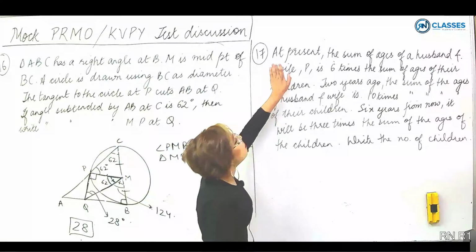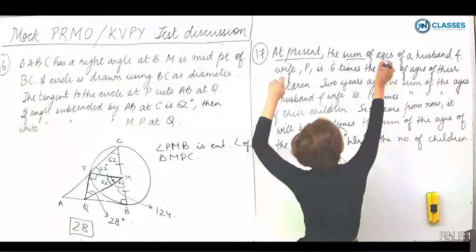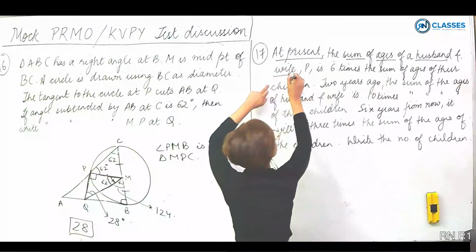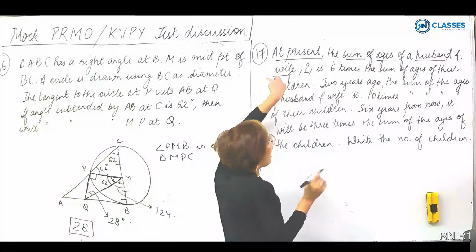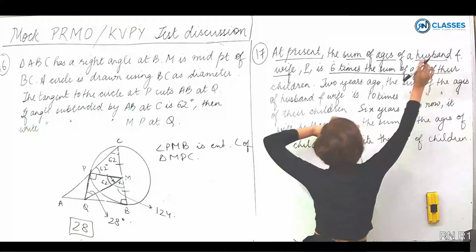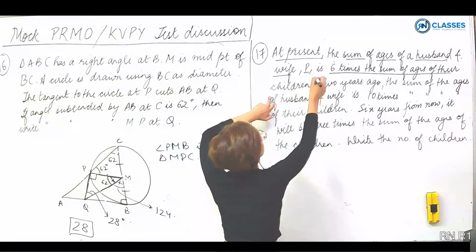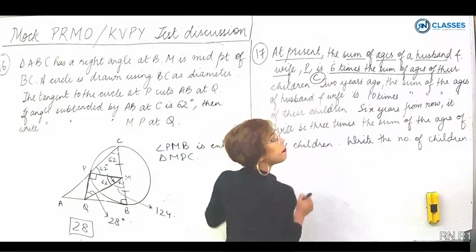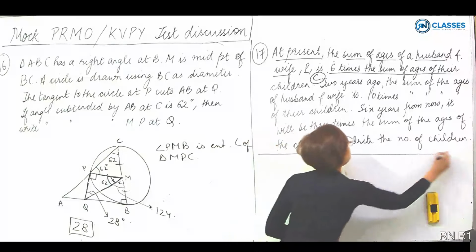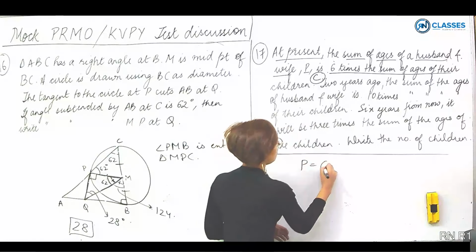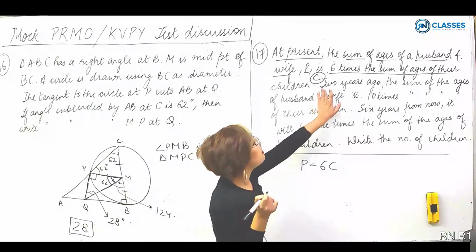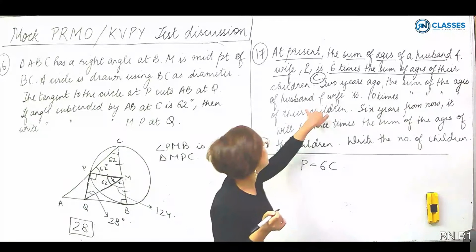Now he says at present, the sum of the ages of a husband and wife is P. And this is 6 times the sum of the ages of their children, which is denoted by capital P. So I know that P is equal to 6P. Now he says 2 years ago, the sum of the ages of the husband and wife.